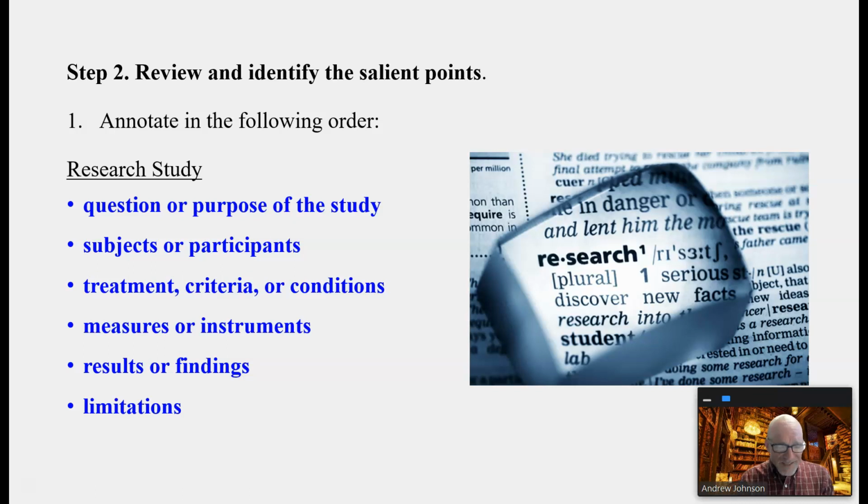The treatment or criteria or the conditions: for quantitative studies, you would describe the independent variable. This would be the approach or the treatment or the element that the researcher was trying to manipulate or isolate. For descriptive research, describe the criteria used to select the various data for analysis.